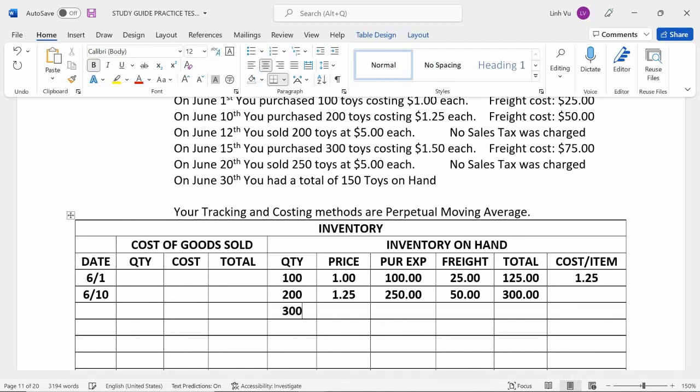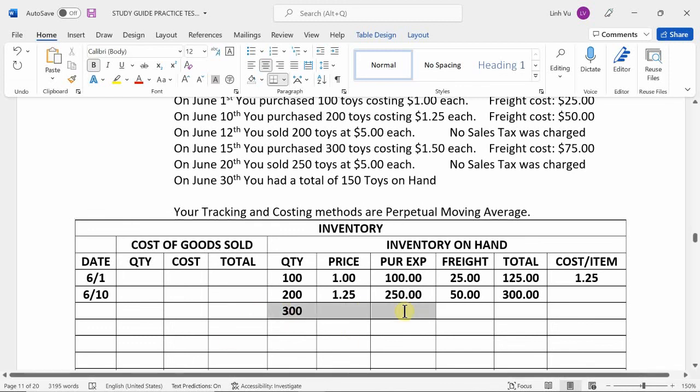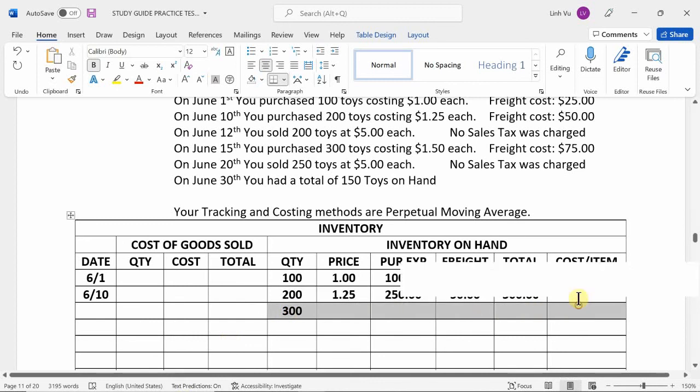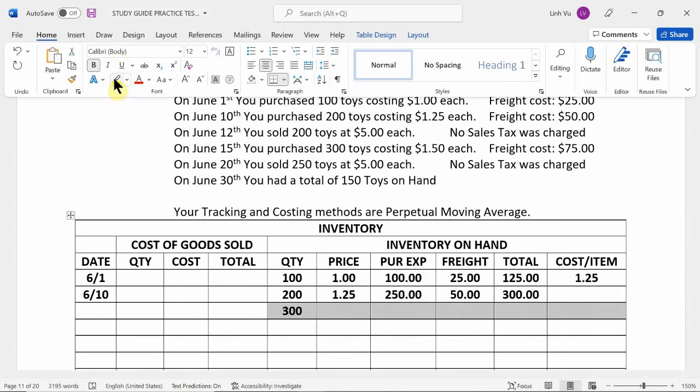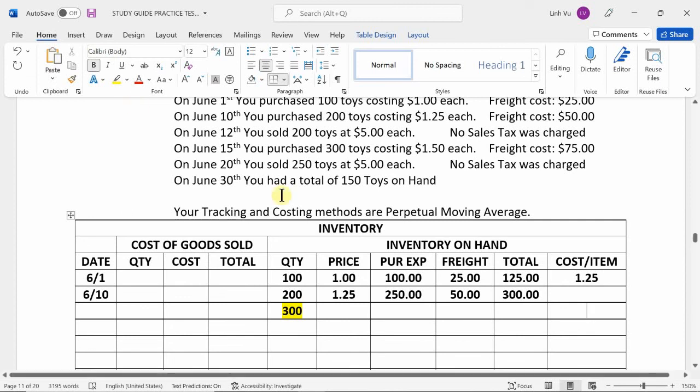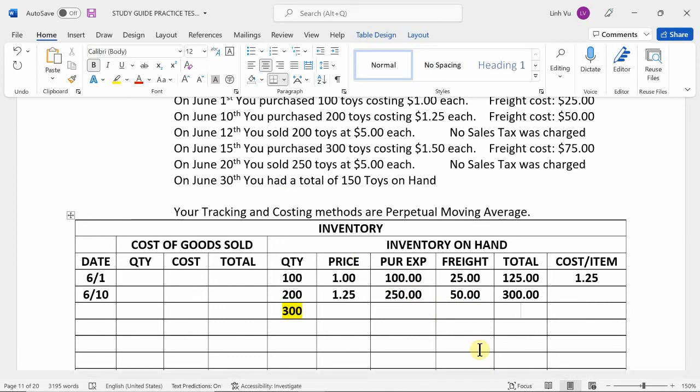Okay, so 300, right? There you go. 300. Okay? And what's my grand total purchase price? $425. Okay?